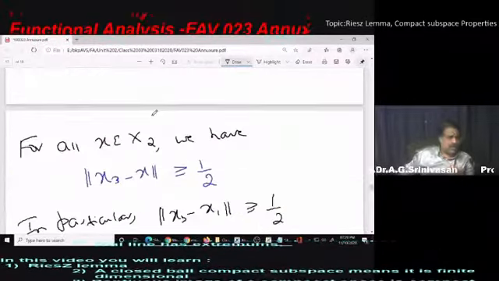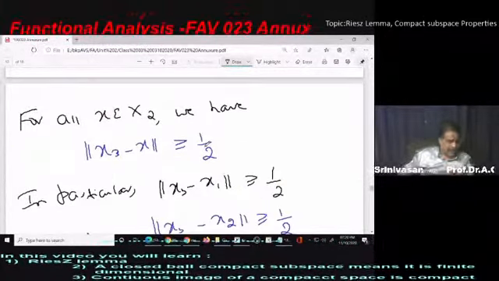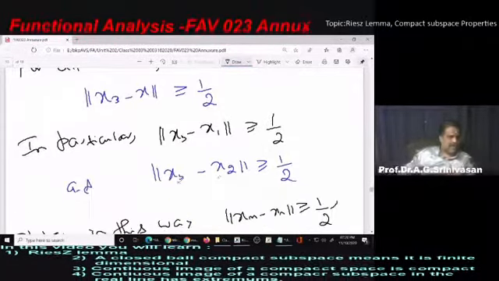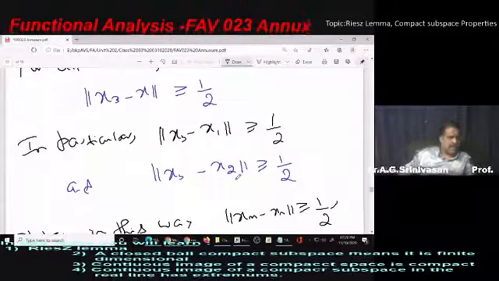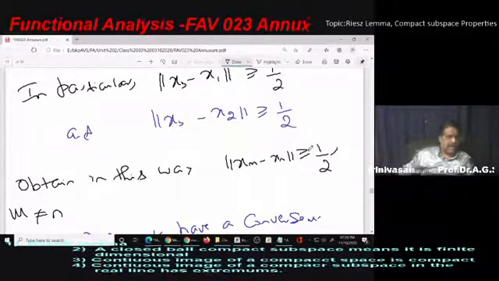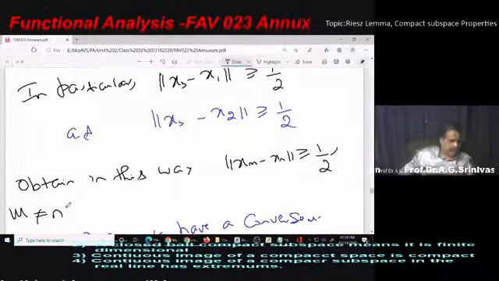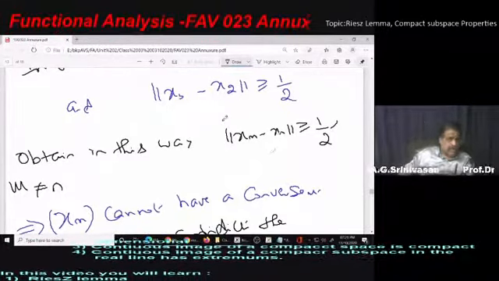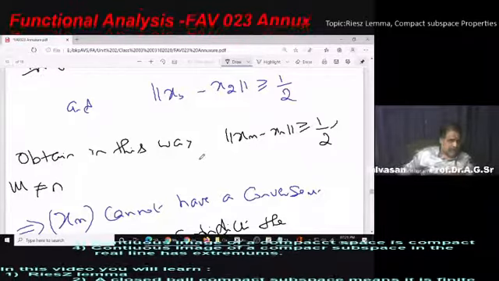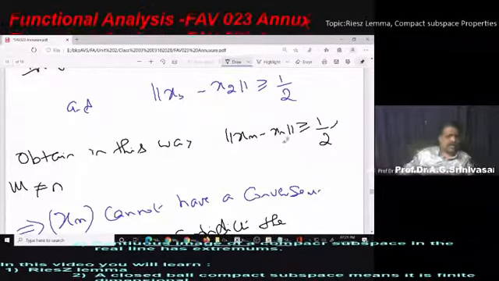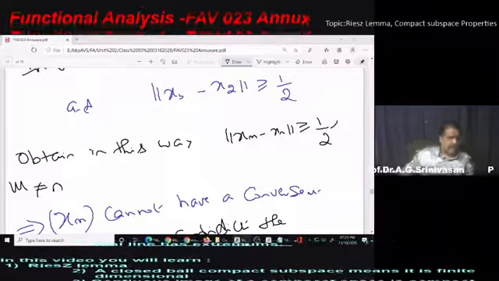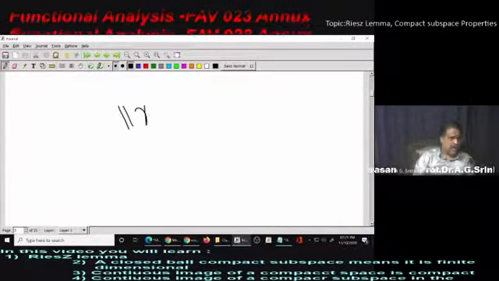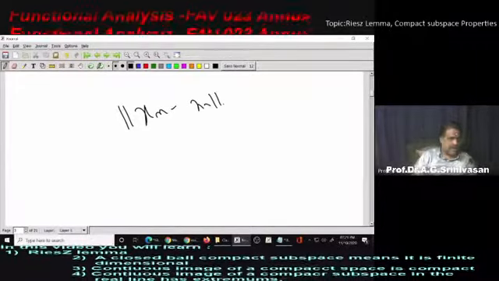So if you continue in this way, I can get x3 minus x greater than or equal to half. In particular, x3 minus x1 is greater than or equal to half, x3 minus x2 is greater than or equal to half, and it goes like that. So you get norm xm minus xn greater than or equal to half for m not equal to n. That means this is a sequence xm such that norm xm minus xn is greater than or equal to half.